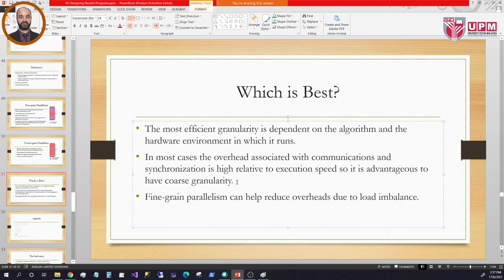Okay, this is the conclusion. So some problems by nature require coarse granularity, and some problems by nature require fine granularity. Okay, this is the conclusion, guys. I hope that you understand. So before I move to the next topic, please, if you have any question, let me know here and now. Okay?